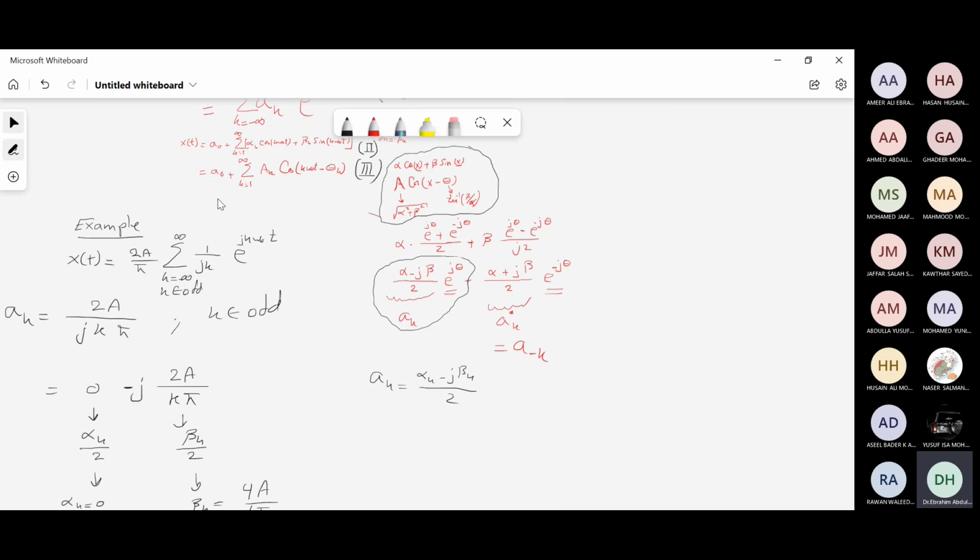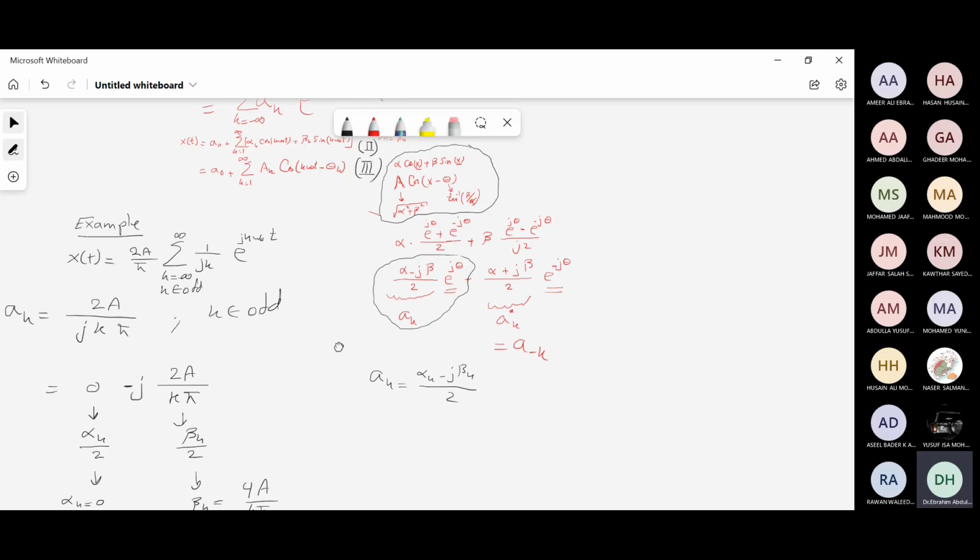How to find form number 3? For form number 3, again, we need a naught, but a naught equal to 0, so we can get it from form number 2. For form number 3, we need A and theta. A capital is equal to square root of alpha square plus beta square, and theta is equal to tan inverse of beta divided by alpha.